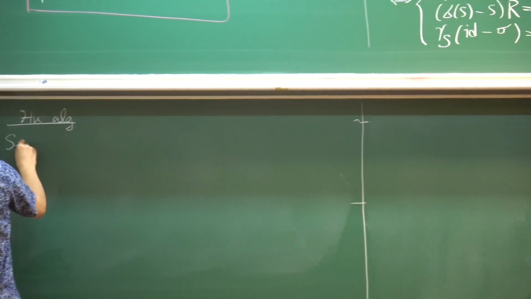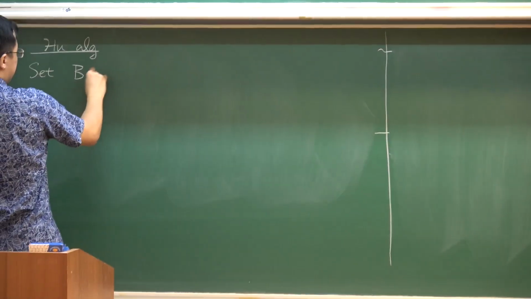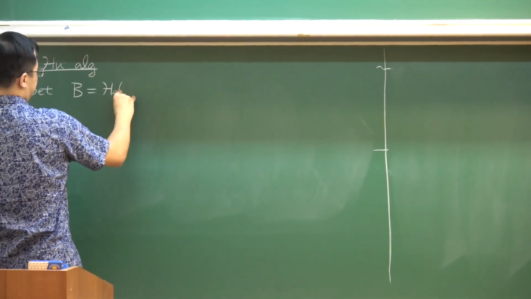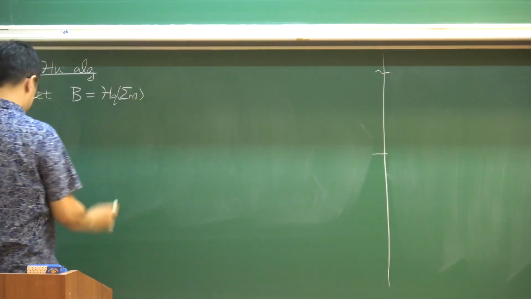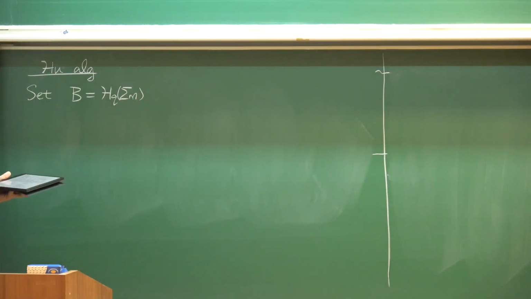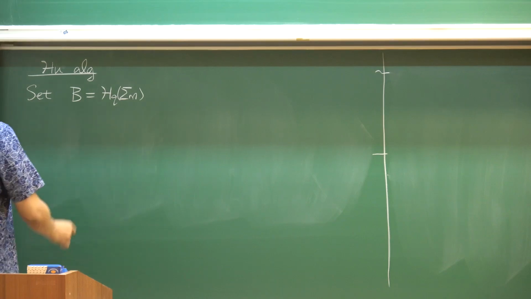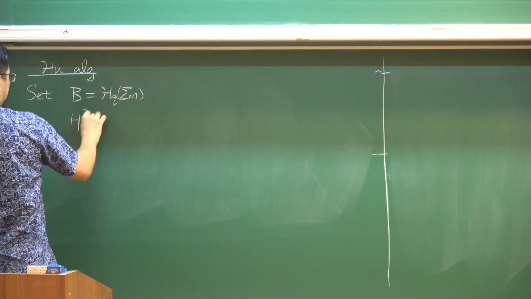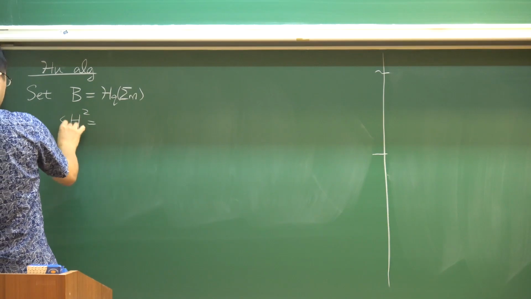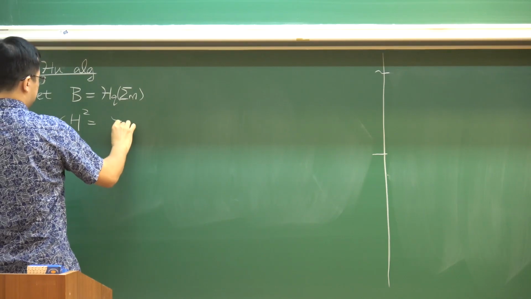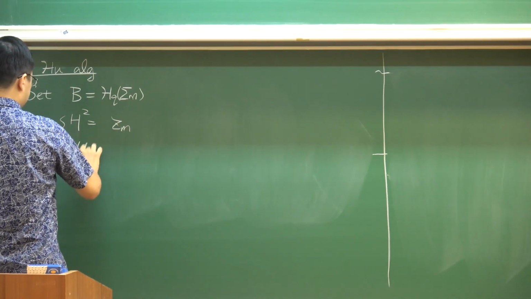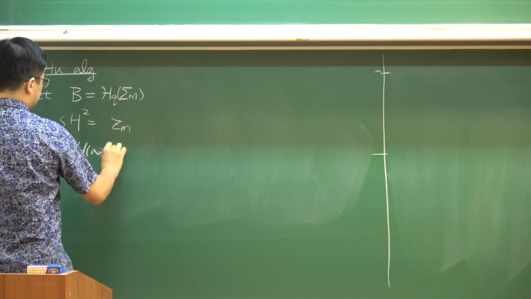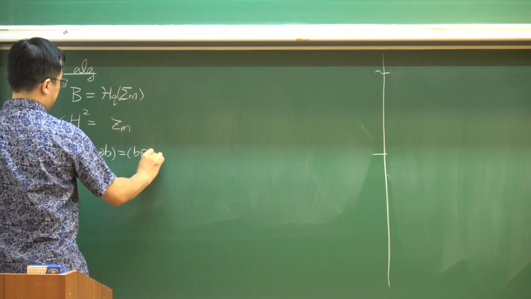We want to set B to be the Hecke algebra of type A. I think this is a very important example of an algebra. And like I said, we have firstly the local relations A squared equals to zero, and then H A tensor B equals B tensor A H.